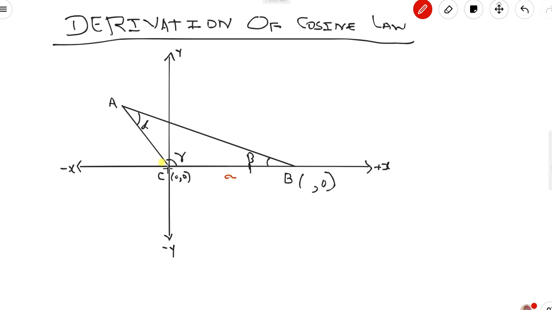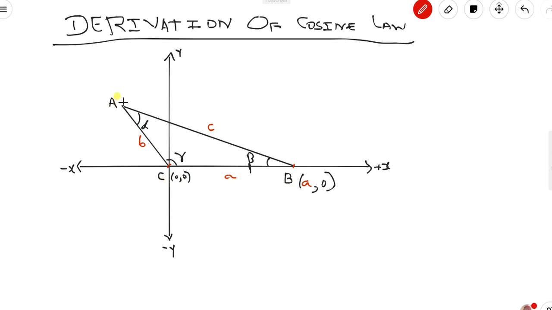This means the distance from the origin to point B is a, so the x coordinate is a. The length of line segment AB is opposite to vertex C, so it is represented by small c. The line segment AC is right opposite to vertex B, so its length is represented by small b. So we have assigned the coordinates of B and C.